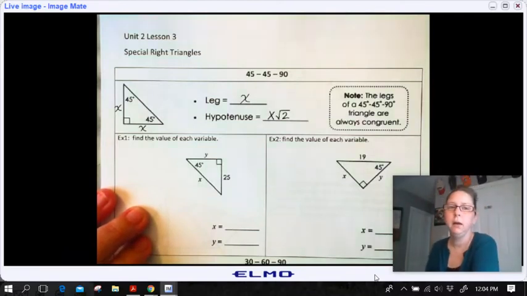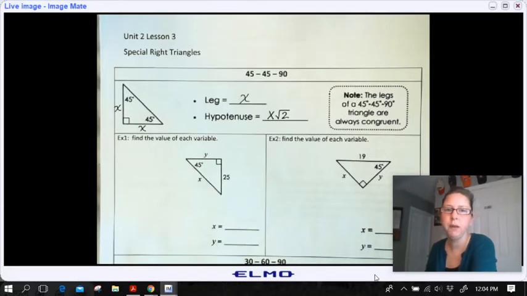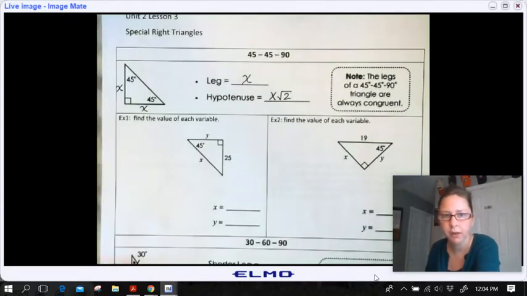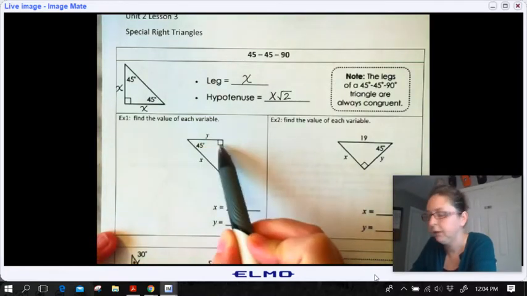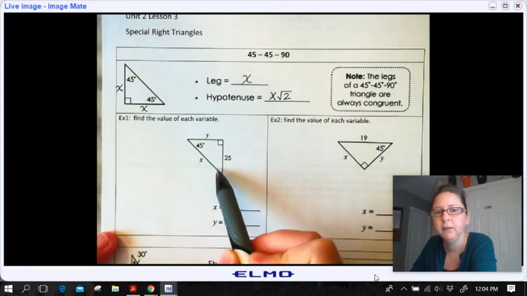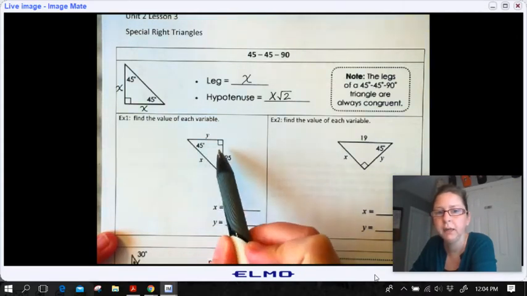Let's take a look at our first example with a 45-45 triangle. Once I see that this angle is 45, this angle is 90, this must also be 45. 45, 45, 90.